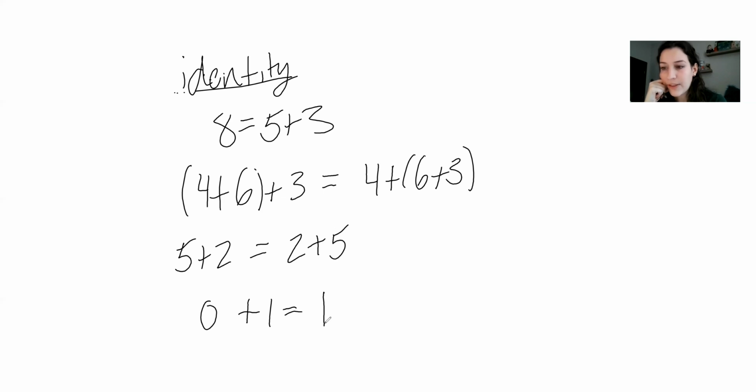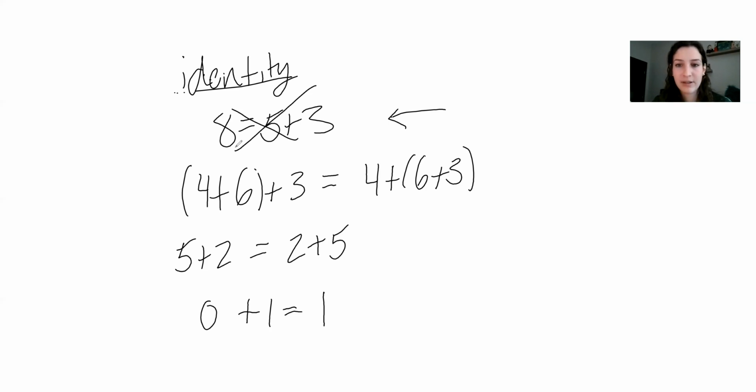So we just went over that, it was the sum of any number and 0 is that number. So looking at these four different equations, let's look at this first one. 8 equals 5 plus 3. While that is true, we're not adding 0 to anything. So it's probably not this one.